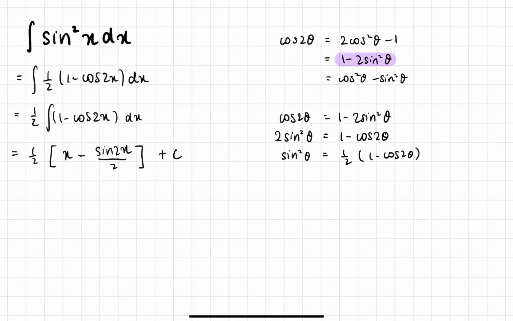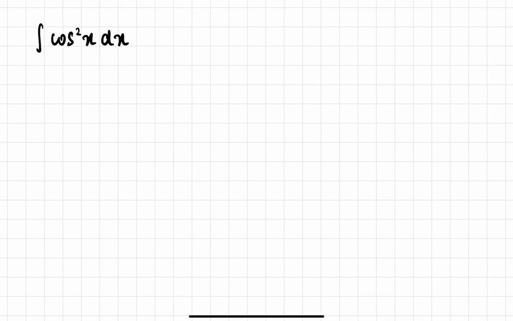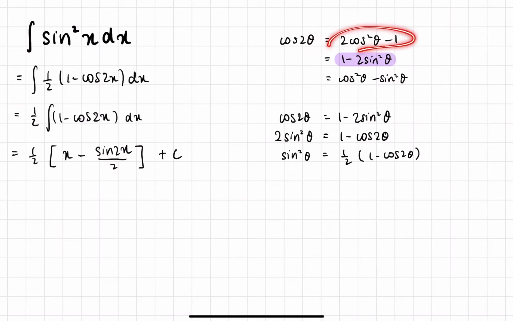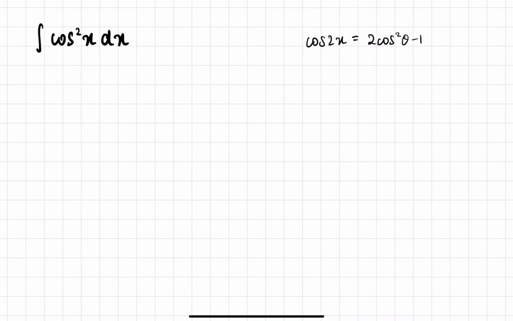Now we're going to do a very similar question, using the same cos 2x formula. I showed you that there were three different forms. In this case, we're just going to use the first one, since we're going to integrate cos squared.